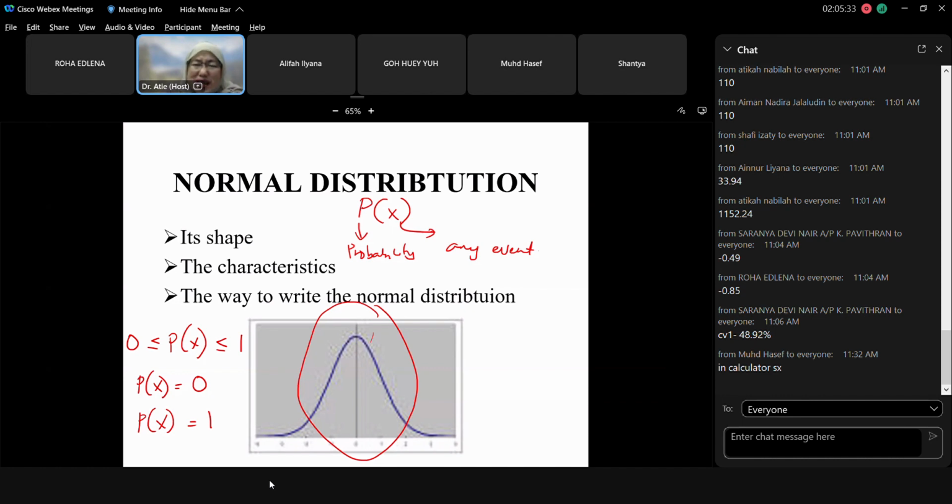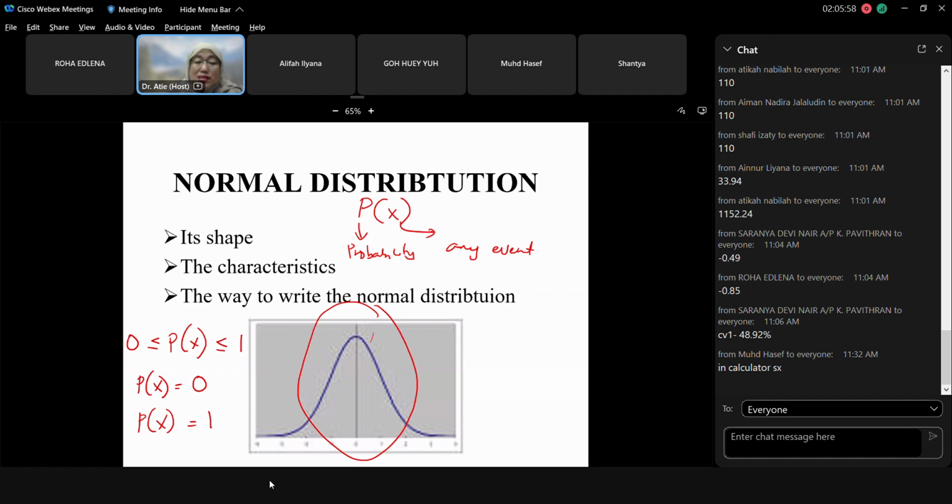Then dia cakap, mungkin lah aku pergi. Maybe I will go. Okay. So when your friend says maybe, that one actually represents probability. Probably it will happen, probably it won't happen. Okay. So later in this chapter 4, your answer should be between 0 and 1 because we need to calculate the probability.